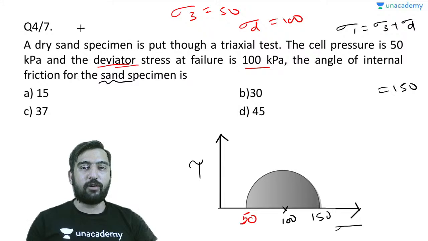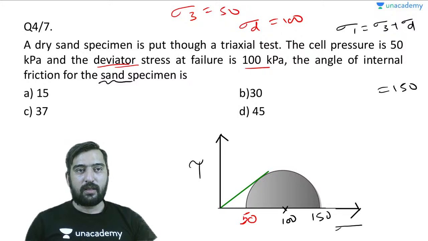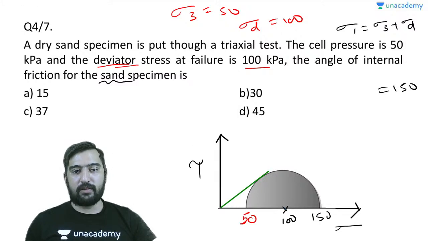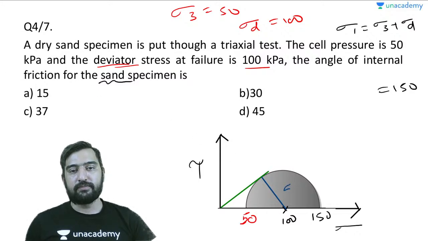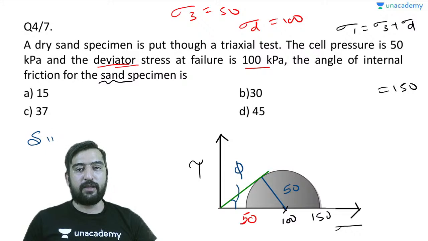Again it is a sandy soil. So if it is sandy soil, then C has to be 0. And this time this is the radius. So this radius is going to be 50 and this hypotenuse is going to be 100. This is the angle phi, and you know that sine of phi is perpendicular upon hypotenuse.